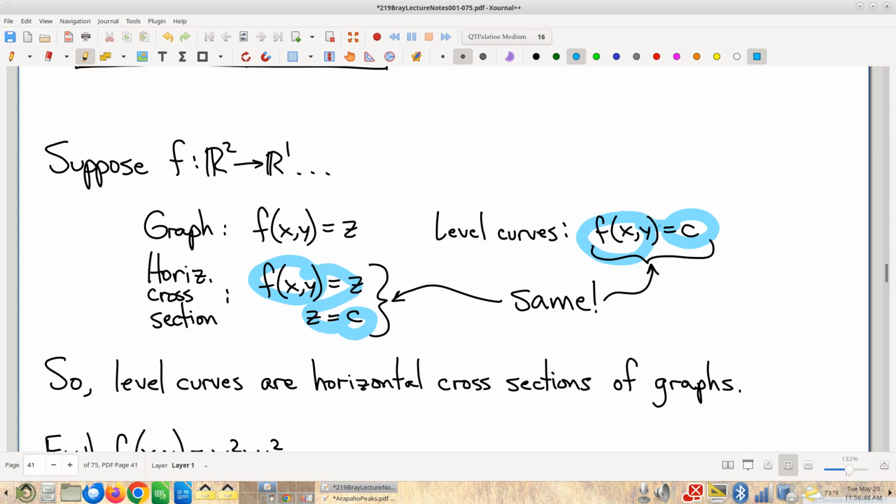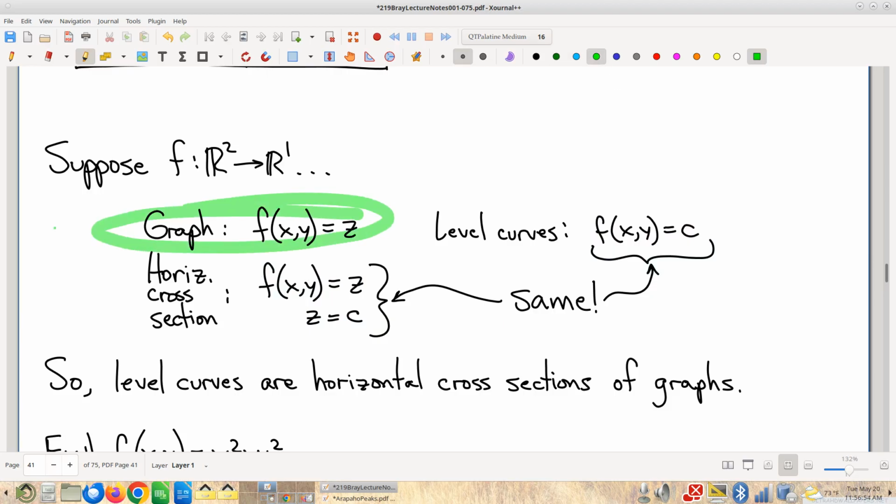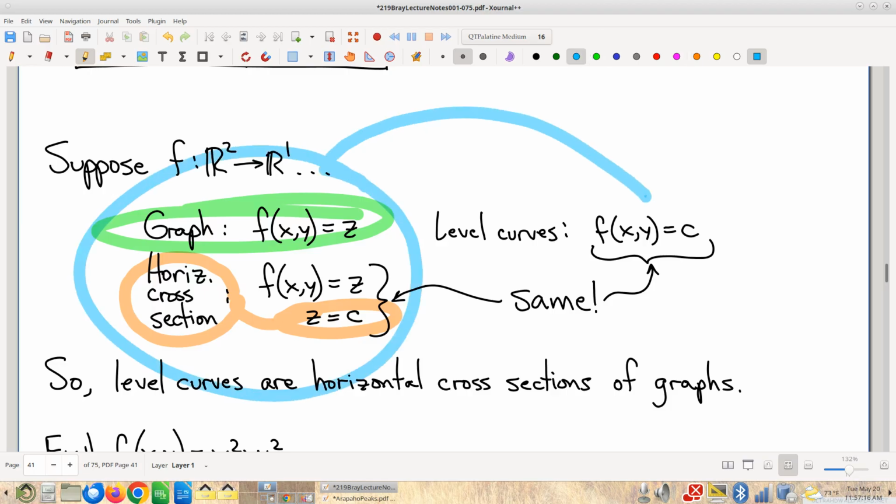But notice I can interpret this as saying that if I look at the graph and then take a horizontal cross section, z equals a constant, it's like taking a horizontal slice of that graph, and the result of doing both of these is that I get the corresponding level curve. And so altogether, that gives us this little punchline: level curves are horizontal cross sections of graphs.